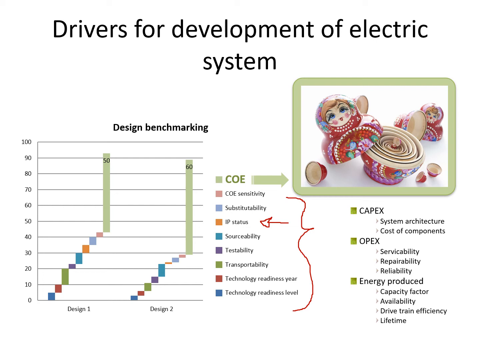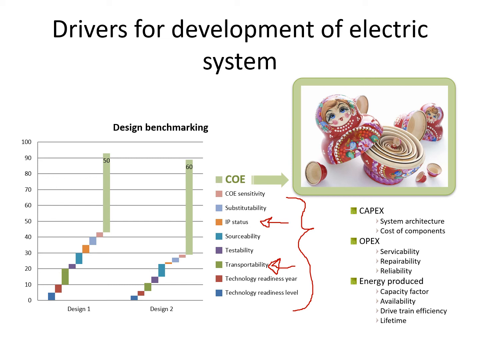Another issue is transportability. If the blades are too long, the wind turbine rotor has too large a diameter, probably we cannot transport the blades to the site at all, as there are no trucks available. So things like that should be taken into account.